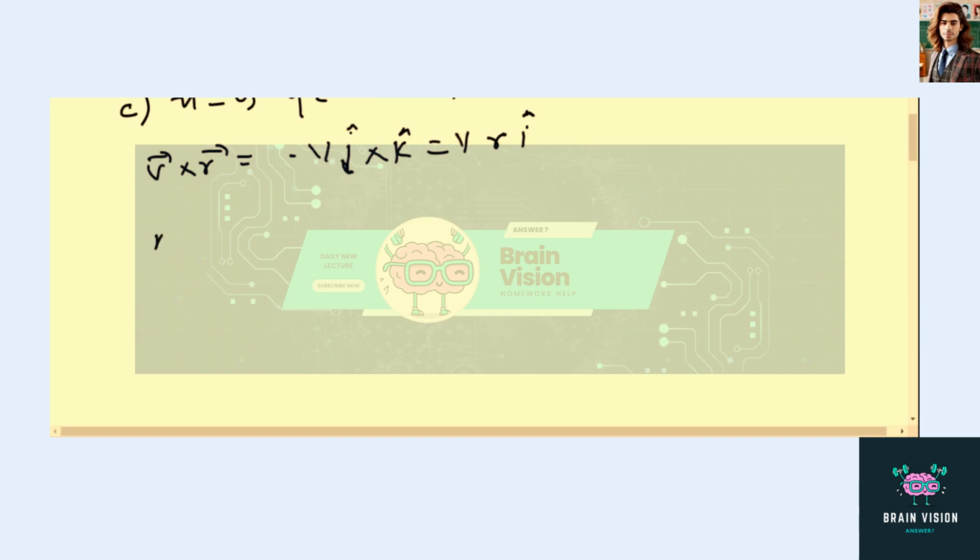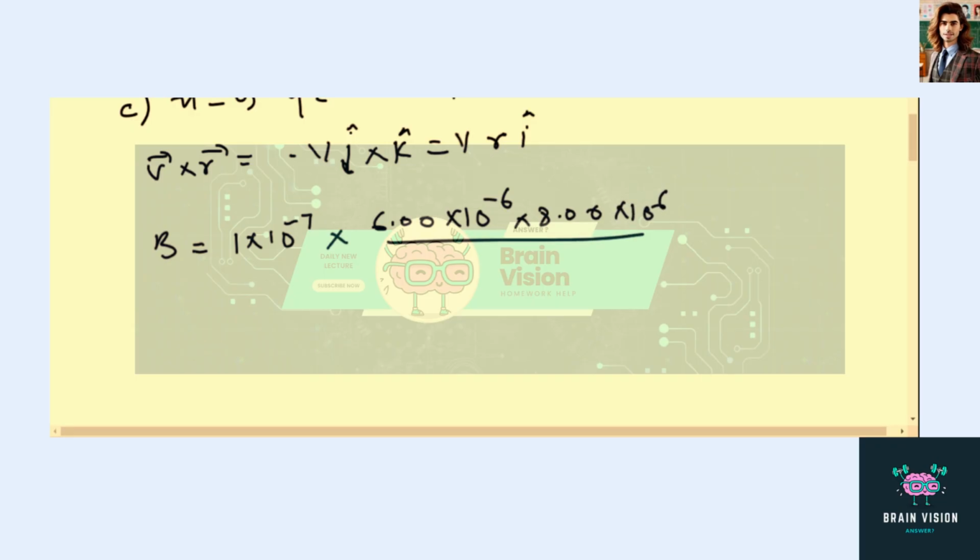Now let's plug in numbers. Then the magnetic field vector is equal to 1 multiplied by 10 to the power minus 7 times 6.00 times 10 to the power minus 6 multiplied by 8.00 times 10 to the power 6 divided by 0.500 whole square. Therefore, magnetic field vector B is equal to 1.92 times 10 to the power minus 5 Tesla in the i cap direction.